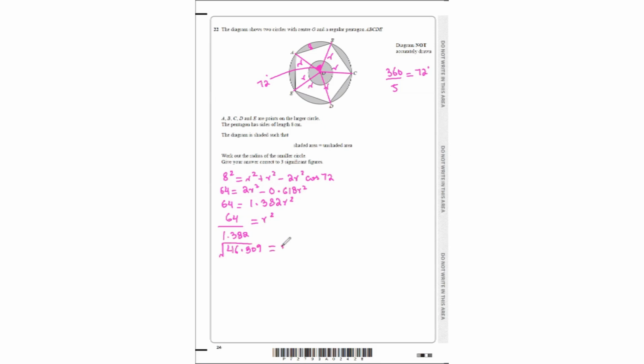Take the square root of that to find the value of r, and that's going to be 6.805 centimeters. That's the radius of the larger circle.